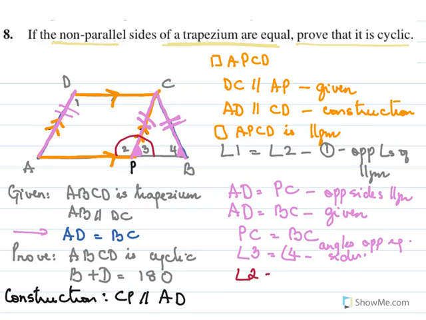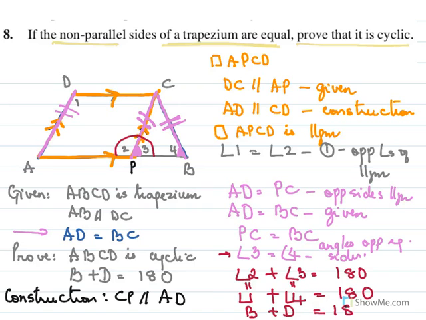So I'll write angle 2 plus angle 3 is 180. But we know angle 2 is equal to angle 1. And we know that angle 3 here is equal to angle 4. So angle 1 plus 4 is also 180, which means B plus D equal to 180.